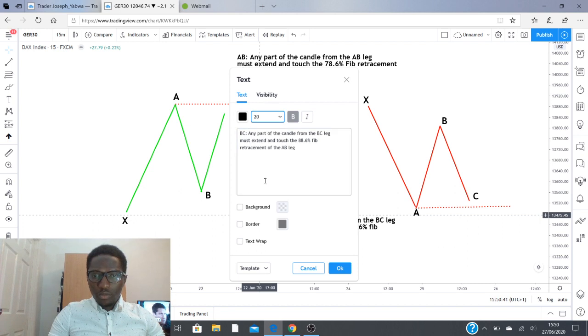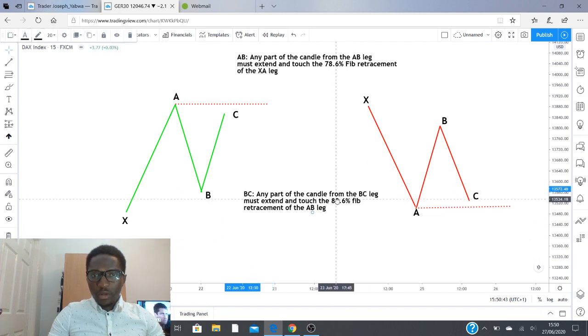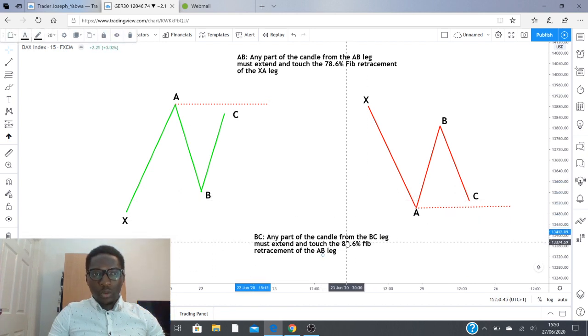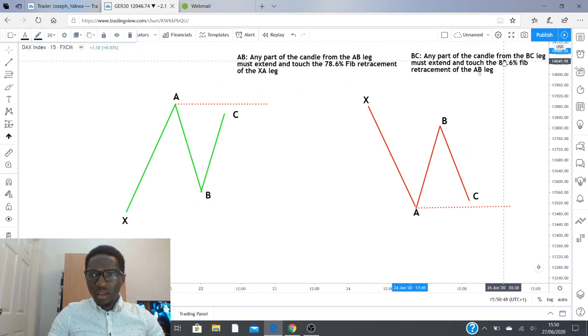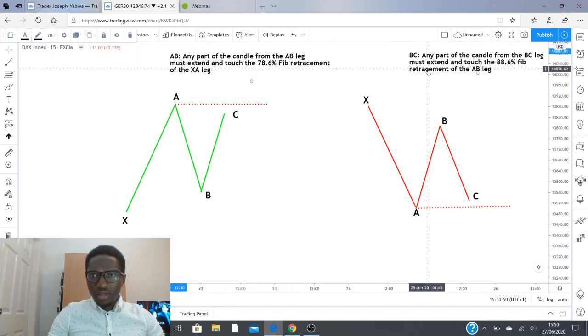So that should be clear to everyone right now. I'm gonna try and put that somewhere there because I don't want it to affect the next part of drawing I'm gonna do.